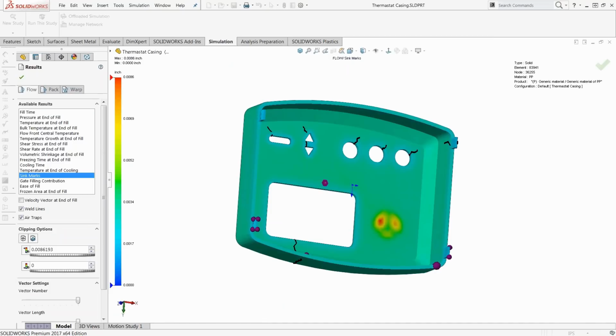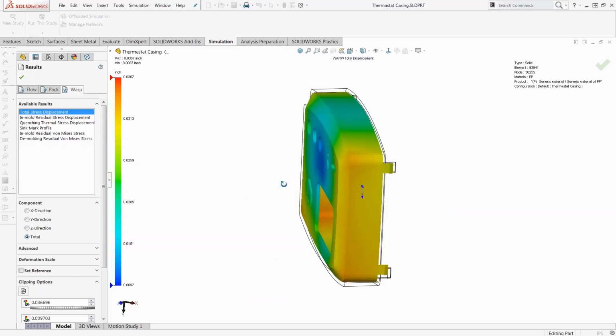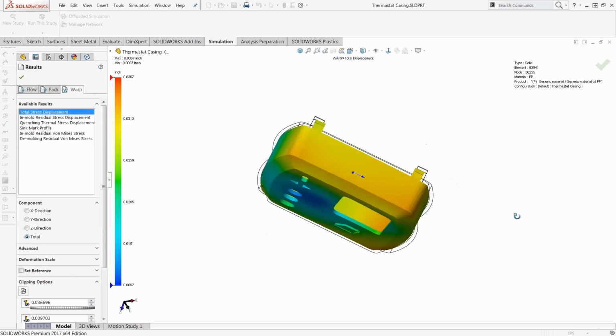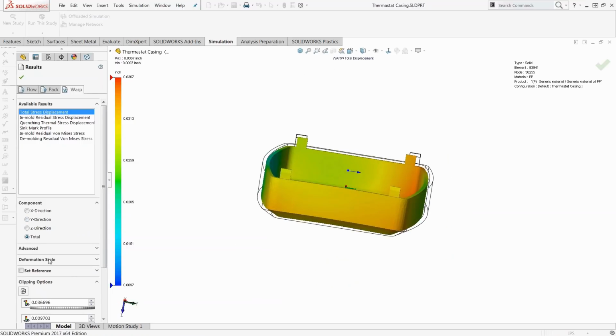Warpage is the effect of temperature profile as your molten plastic cools down and solidifies. It's going to shrink, and you're going to see warpage effects due to uneven shrinkage. Keep in mind that warpage in this part, I have magnified about 5 times so that we can actually see it with the naked eye.